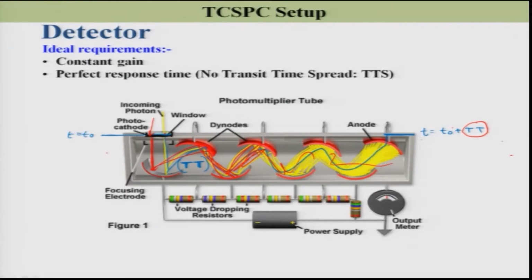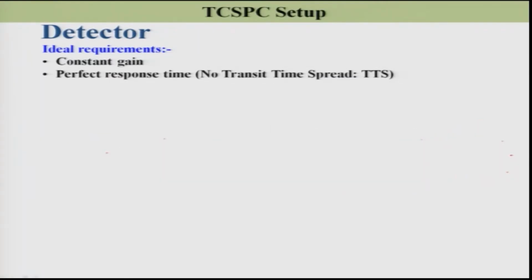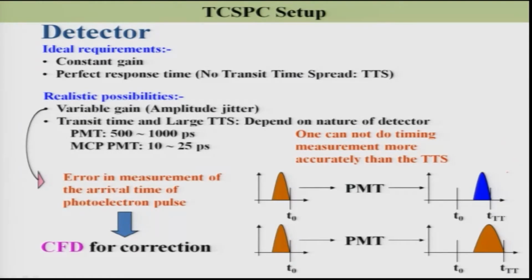That means I have a spread in transit time, that is called the TTS, the transit time spread. I am trying to show you in this slide.